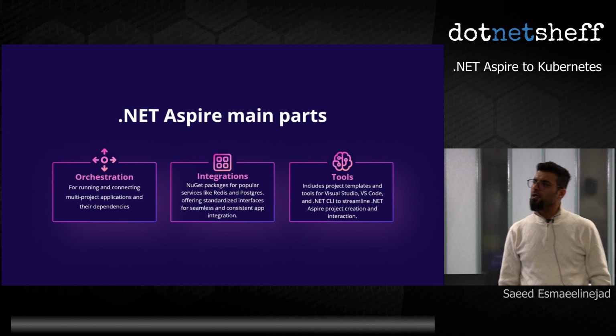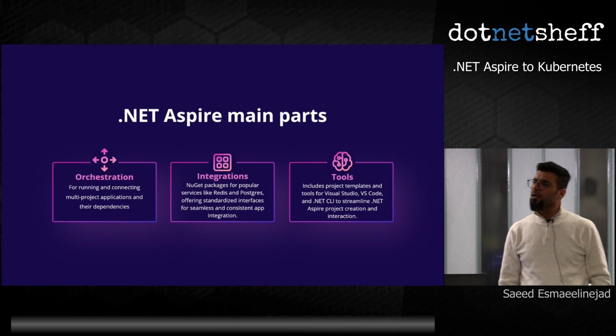Many of them, as I said: Redis, Postgres, Cosmos DB, RabbitMQ, all of that. And for tooling, it's already available in Visual Studio, VS Code, and also the .NET CLI to create and build the .NET Aspire project.